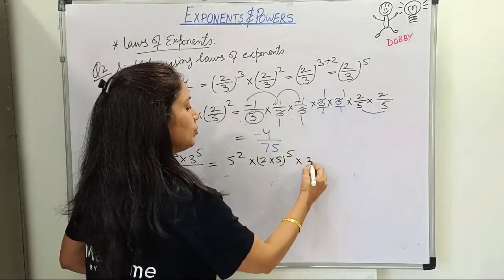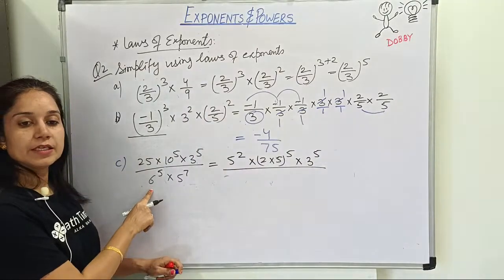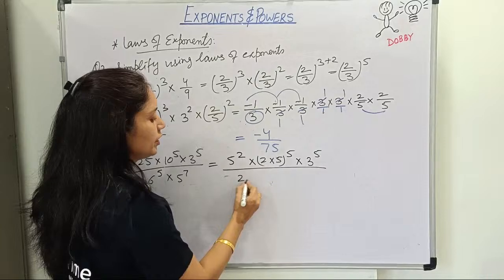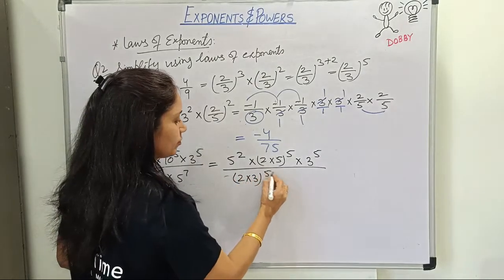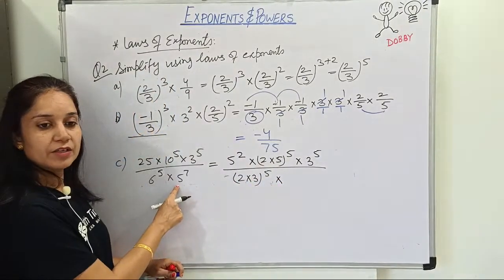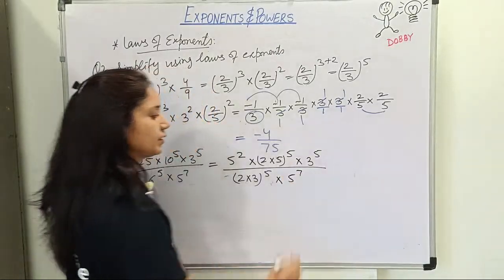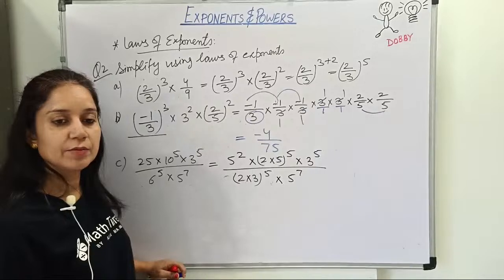Now 3 raised to the power 5 we cannot expand, so writing it the same way. 6 raised to the power 5 in the denominator, this we can open as 2 times 3 together raised to the power 5. And 5 raised to the power 7, this we cannot open, it will come like this only. This first step clear, everybody?